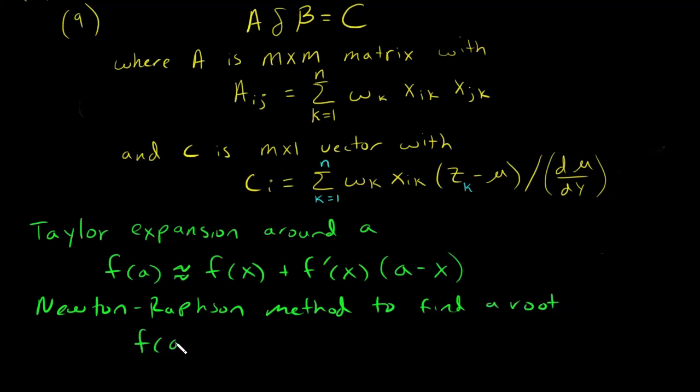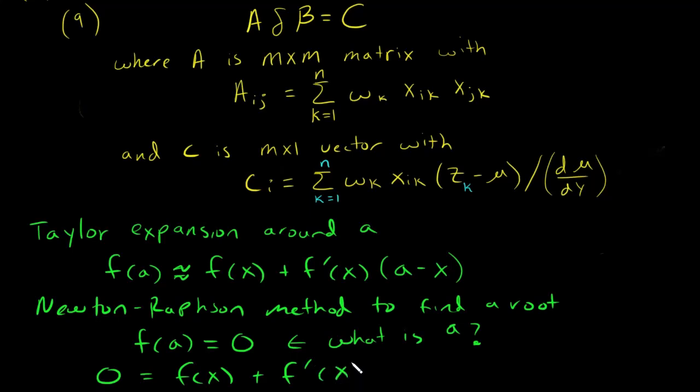A root is the value of a such that f of a equals 0. So you'd say, okay, well, what is a? That's what you would want to solve for. So I could have this Taylor expansion equation, and I could use algebra to rearrange it and solve for a. Okay, and that's what Newton-Raphson did, basically.